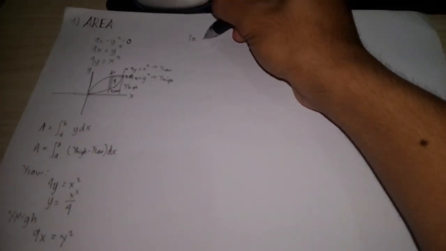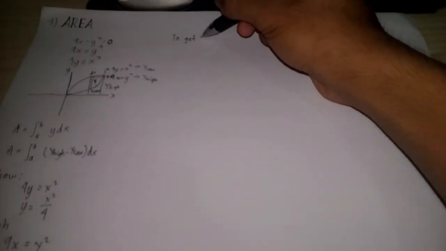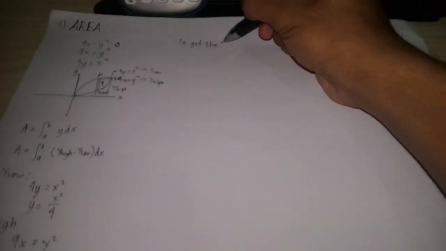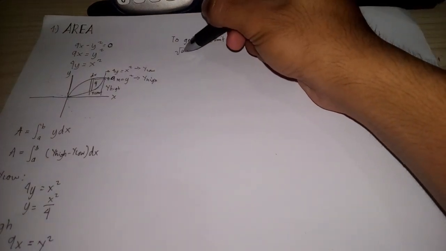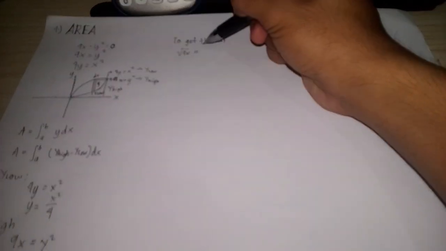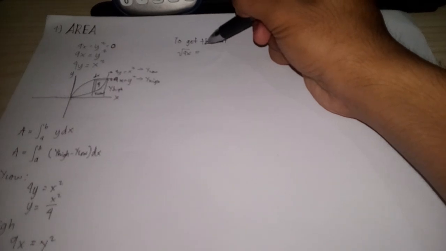To get the limit and to equate, this will now become square root of 9x is equal to x squared over 4.